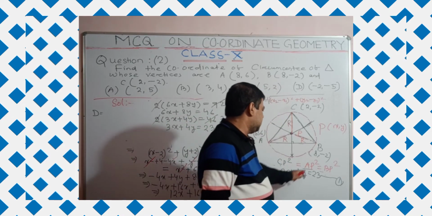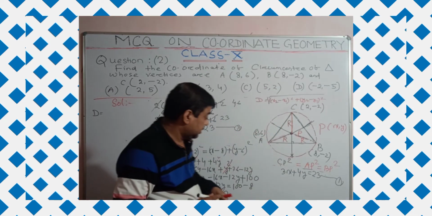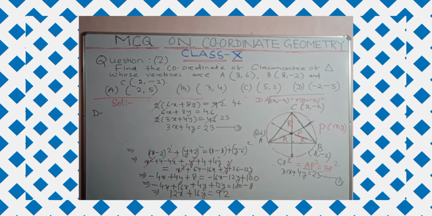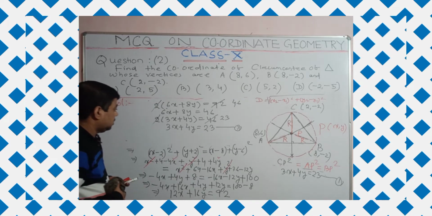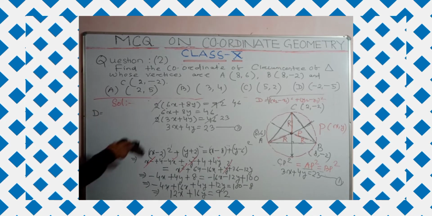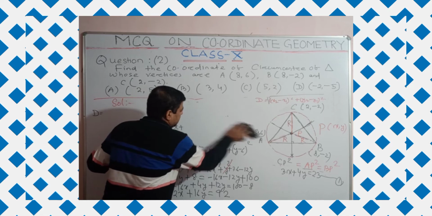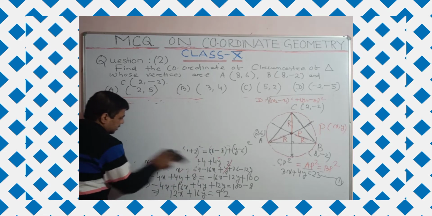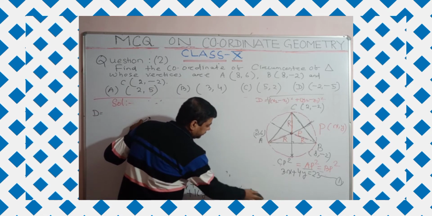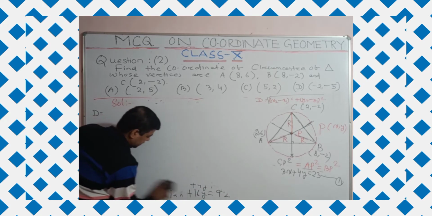Can you take similarly AP square is equal to BP square? Similarly, we get another equation. Yes? Understand? So note down here. Let us equate.